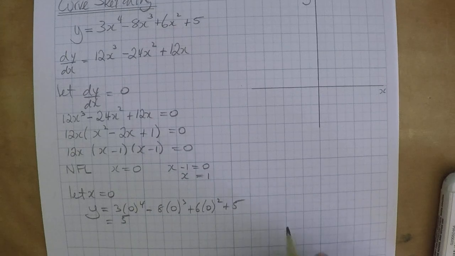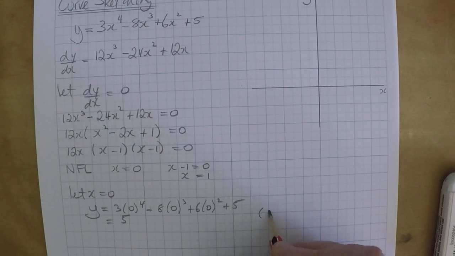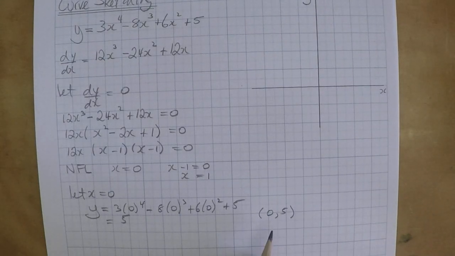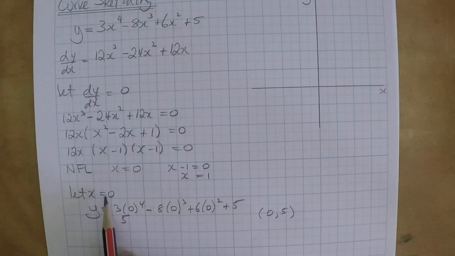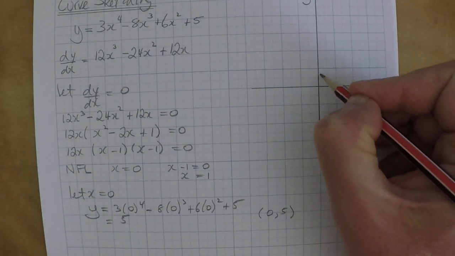Clearly that's 5. So we have a stationary point at (0, 5). Now that just happens to be the y-intercept as well, because it by coincidence turned out to have a stationary point when x equals 0.